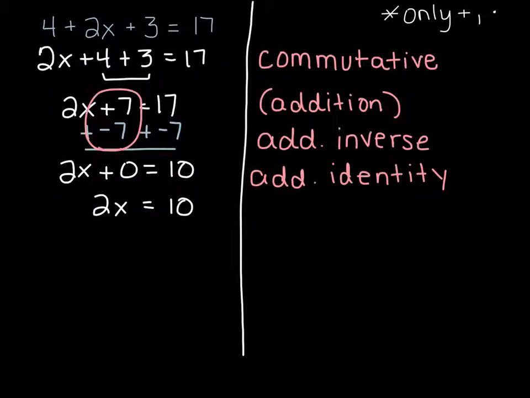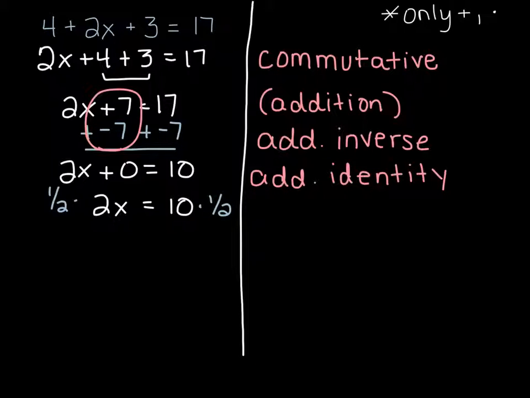Okay, now I need to get rid of that 2. And again, probably at this point, a lot of people would say, oh, well, I would divide by 2. But I'm living in a land where there's only addition and multiplication. So instead of dividing by 2, let's think of how else we could get rid of that 2. I would maybe multiply by the reciprocal. Multiply by 1/2.